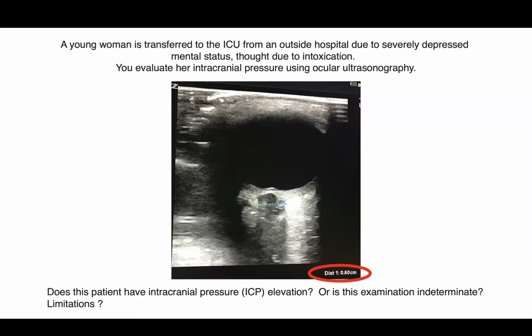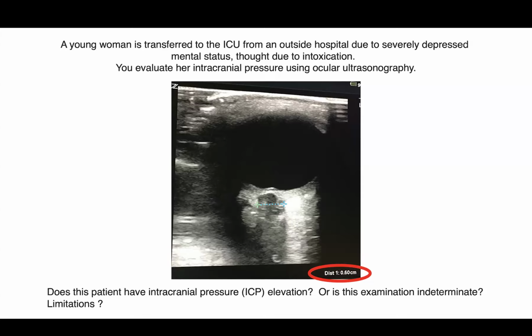Jogendran has said yes, but yes for what? Raised ICP. Okay. So does this patient have raised ICP? Yes. Okay, fine. Is the examination which they have done determinate or indeterminate? Okay, ICP 57 millimeters, more than 22 millimeters Hg. Okay, excellent. Actually, it is not 57.